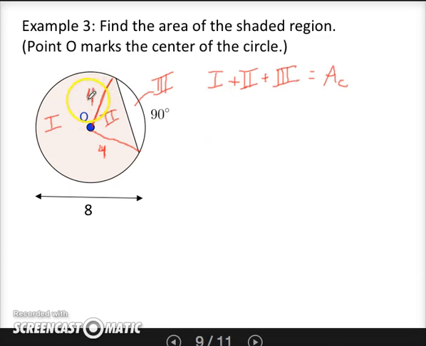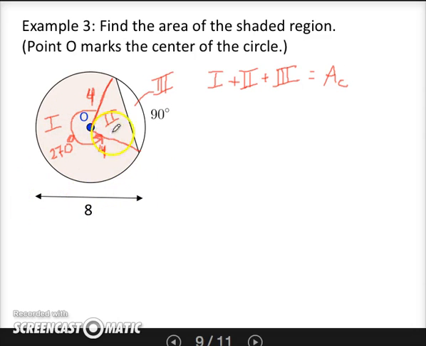Okay, let's tackle region 1. We're told that this arc measure is 90 degrees. So by subtracting 90 from 360, we can find this arc measure going around this way is 270 degrees, which allows us to find the area of this sector here.